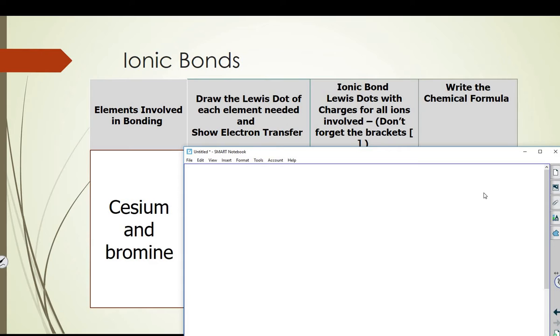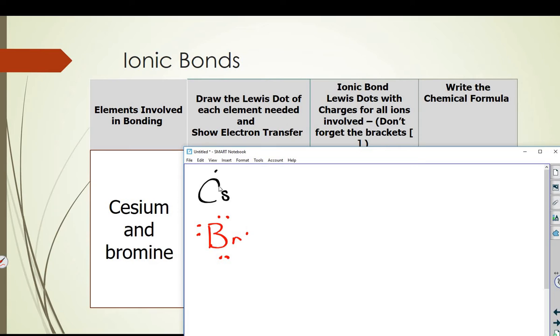Cesium is in the first column. It would just have 1 dot around it. Make sure if the second letter could be an element by itself, like S could be sulfur, make sure it's less than half of the size of the other one. Okay, so there's cesium. And then we need bromine. Bromine is 1 away from being a noble gas, so it has 7, so we would put 7 in.